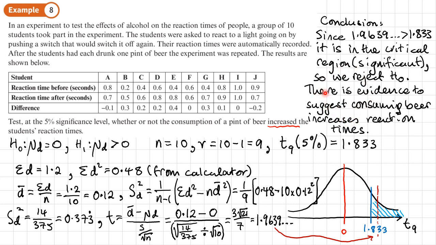So obviously you can word that differently, but there needs to be reference to the two values, which one is greater than the other, reference to critical region or significance, reference to accepting or rejecting H0, and then a final sentence which goes back to the context of the question and comments on whether there's evidence to prove that this statement is true or not.